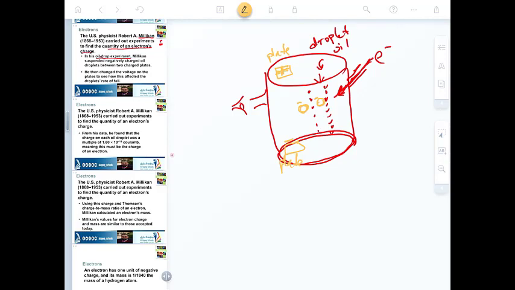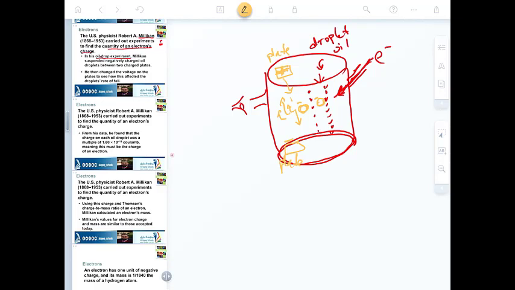It can attract the negative charge and make the droplet not move down toward the earth by gravity, but move up or slow down or even stop by controlling the positive plate.